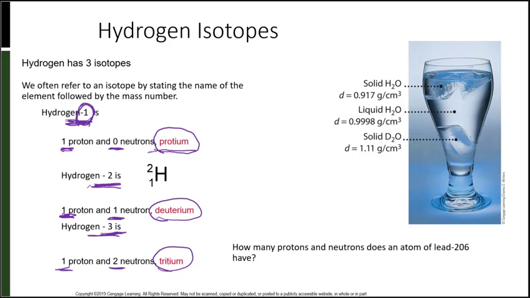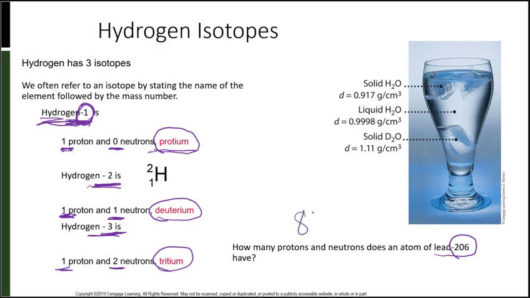So sometimes it has a specific name, but we could also just call this hydrogen 1, hydrogen 2, hydrogen 3. How many protons and neutrons does an atom of lead with the mass of 206 have? Well, let's look at lead, Pb, on the periodic table, which is atomic number 82.